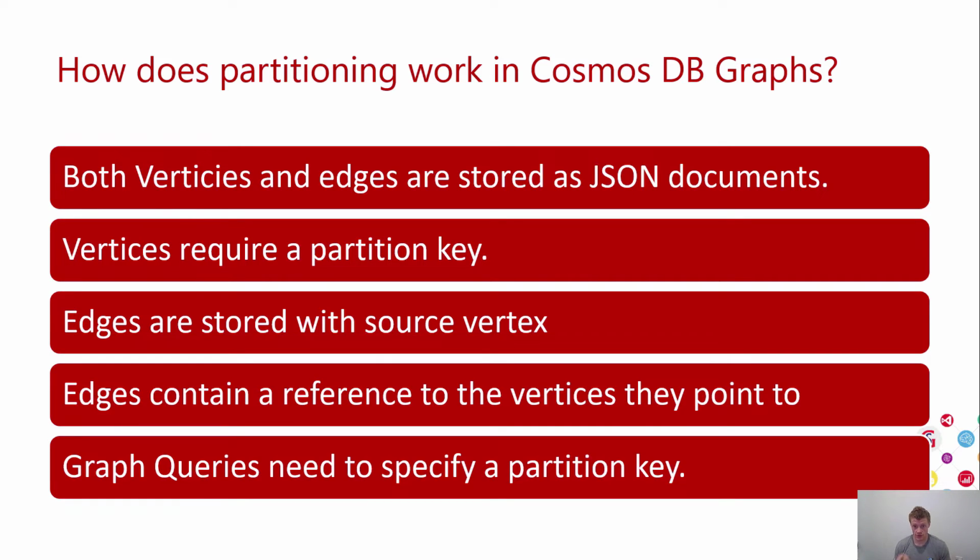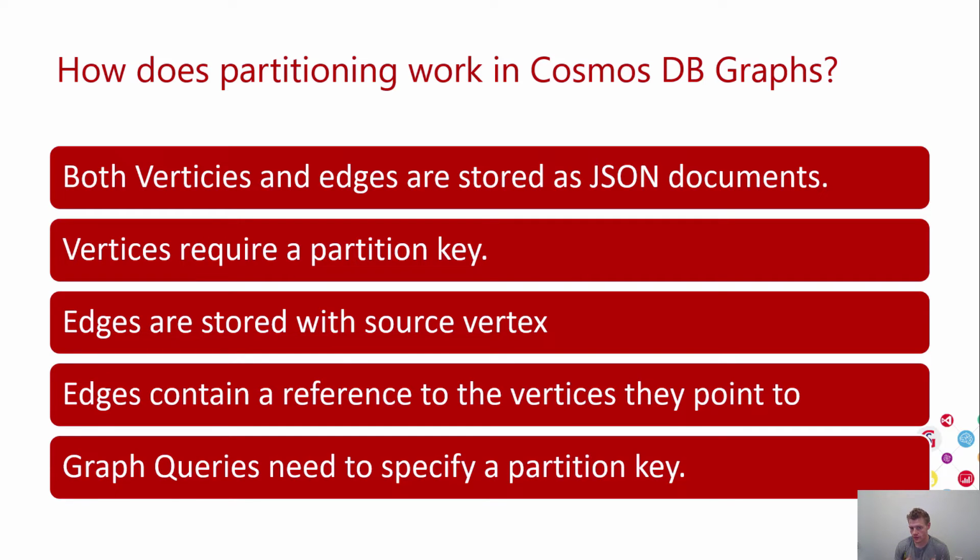Edges are stored with a source vertex, so in other words, each vertex's partition key defines where it is stored along with its outgoing edges, and this is an optimization to avoid any cross-partition queries. All edges contain references to the vertices that they point to, so they're all stored with the partition keys and IDs of the vertices that they're pointing to, and again I'll demonstrate how this works in our demo.